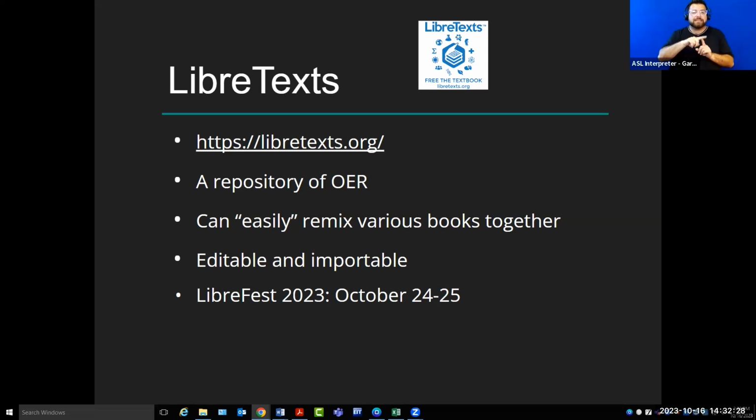They do have people that are working on it that can help you. They're having a LibreFest coming up at the end of this month that I believe you can still register for. I have the link here if anyone's interested in that.